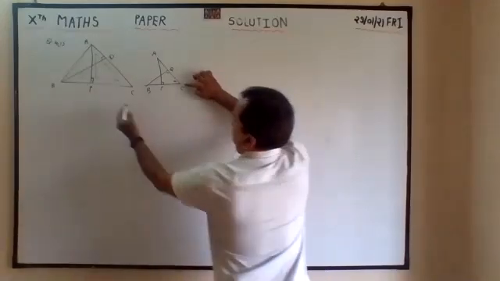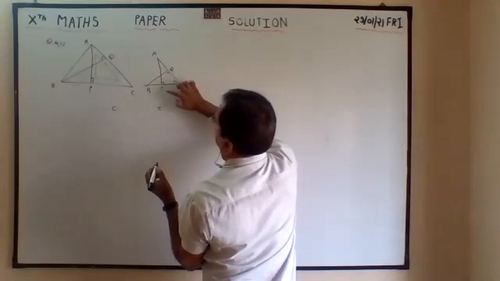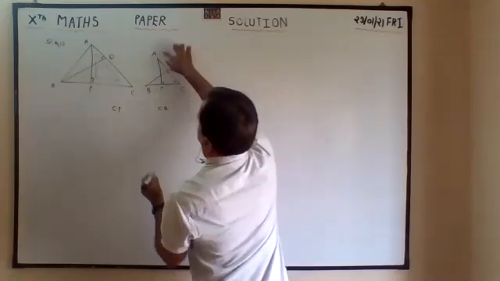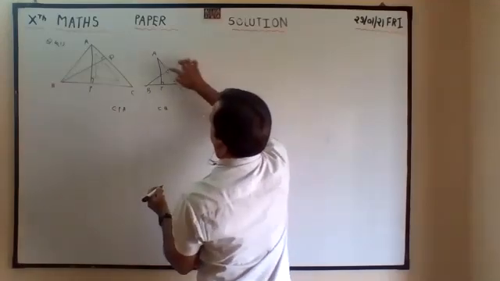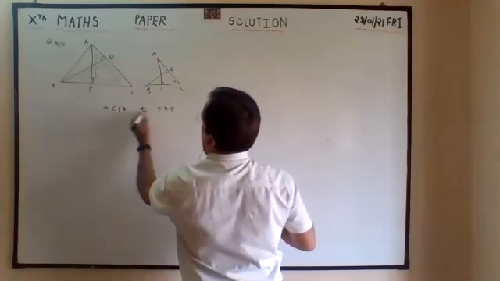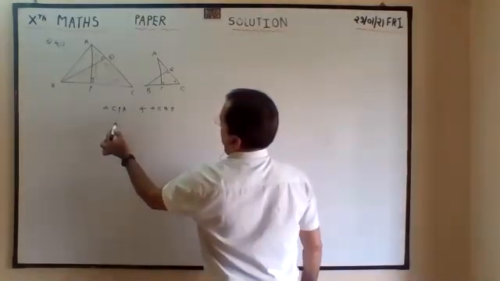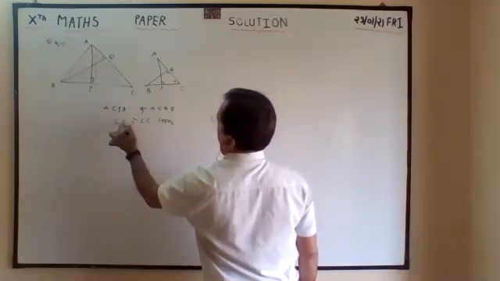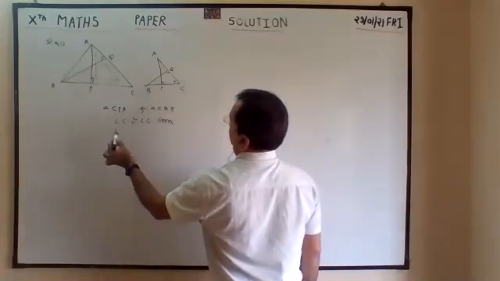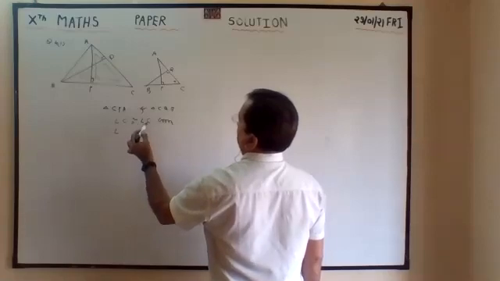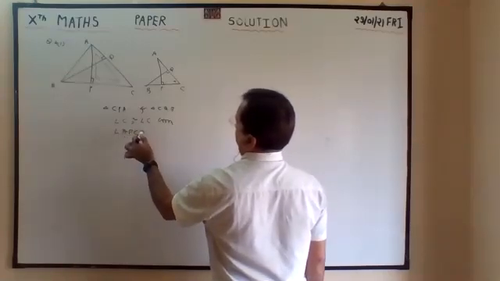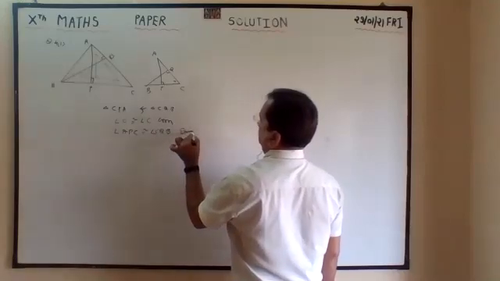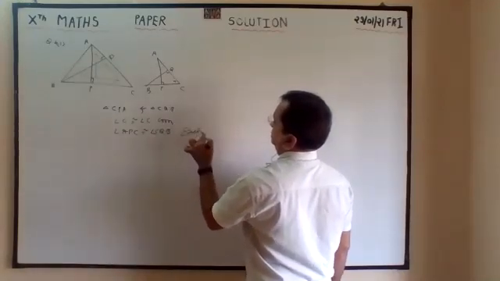See, from common C and C, then 90-90, P and Q. In triangle this and this, angle A congruent to angle A, angle C congruent to angle C, common, and angle APC 90, angle CQB each 90.